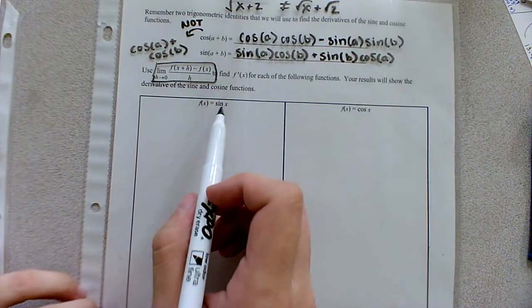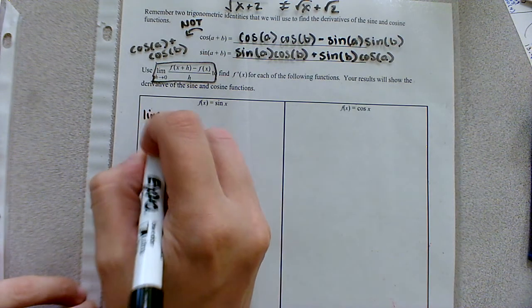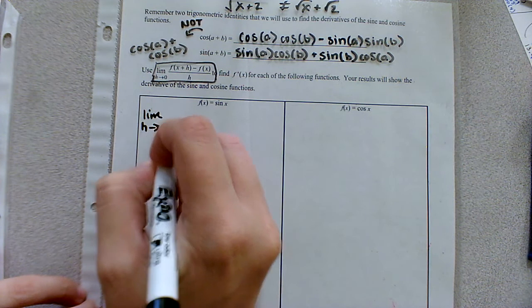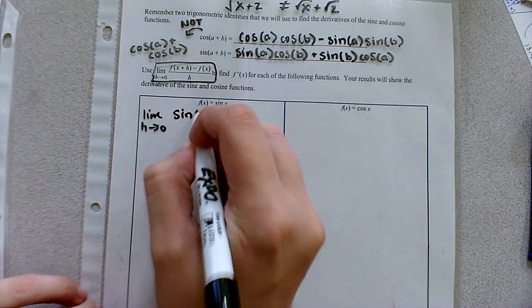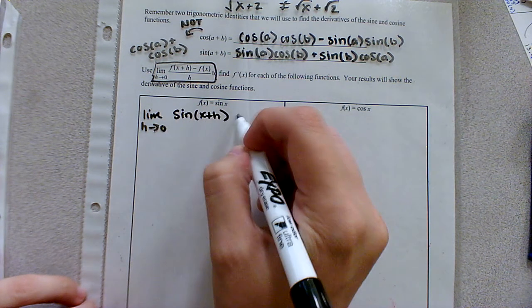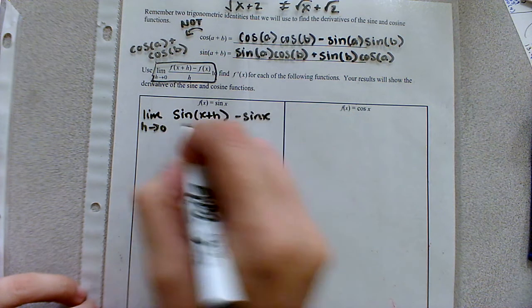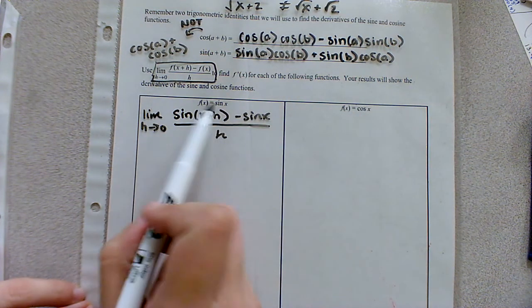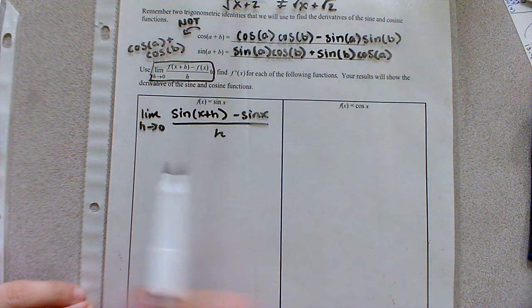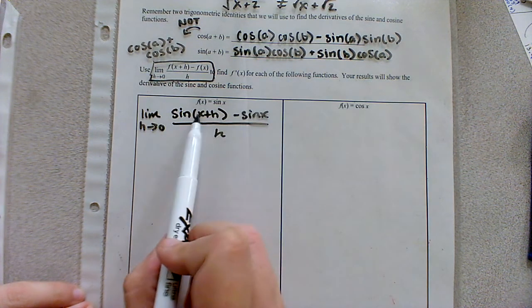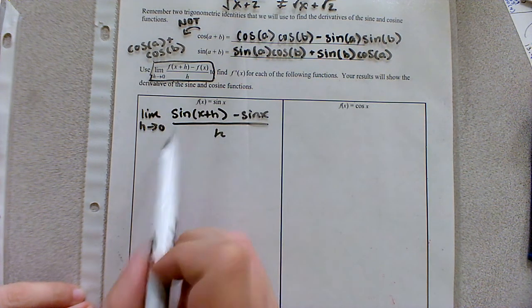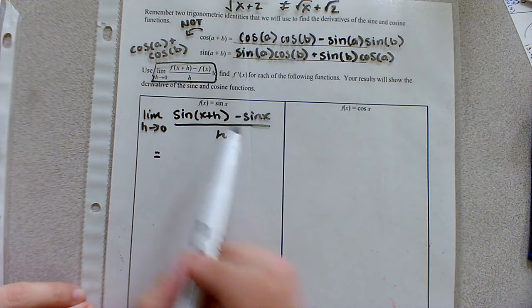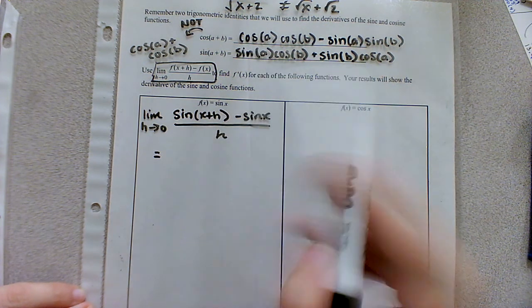So let's first check out the derivative for sine. Using our limit definition for the derivative, we'd have sine of x plus h minus sine of x, all over h. Applying that limit derivative to this function, it would look something like that. Notice how if we have two things being added within a sine function, we can break that up using this identity.